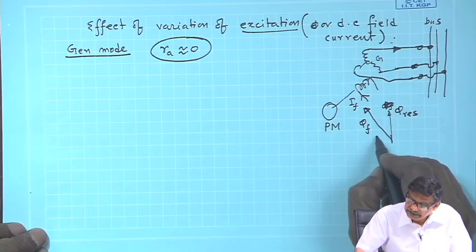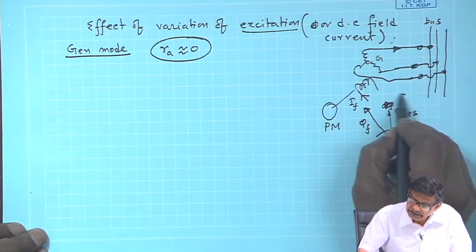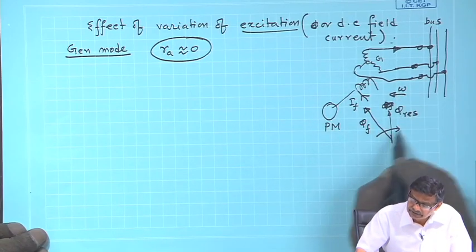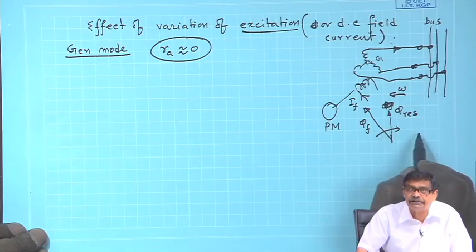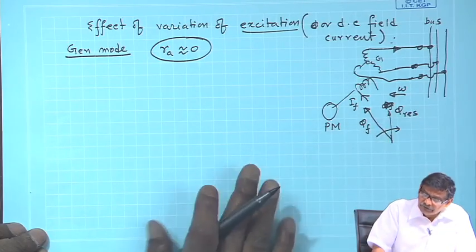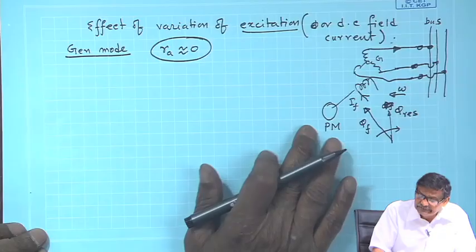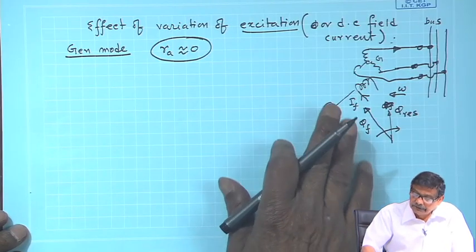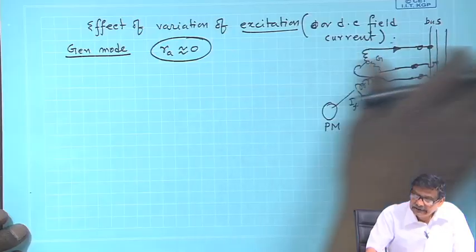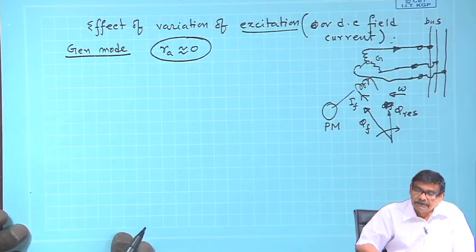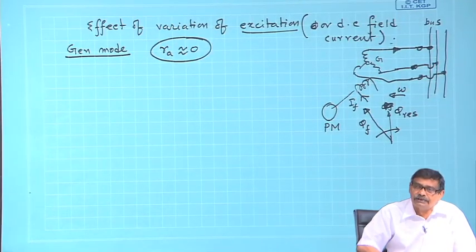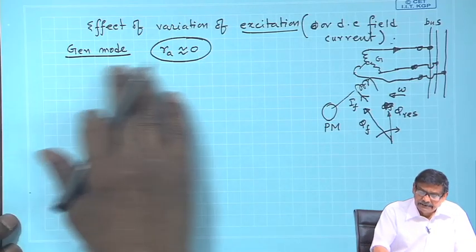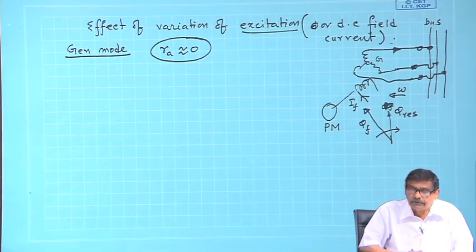In case of a generator, everything is rotating in this direction, omega, and torque will be in the opposite direction. Anyway, increase the steam input to the bus, then it will feed power. You have to burn more coal then. Okay. And it is generator mode, RA equal to 0.